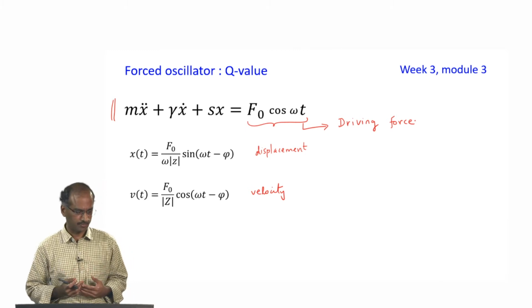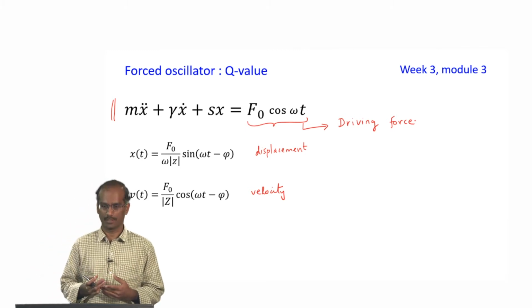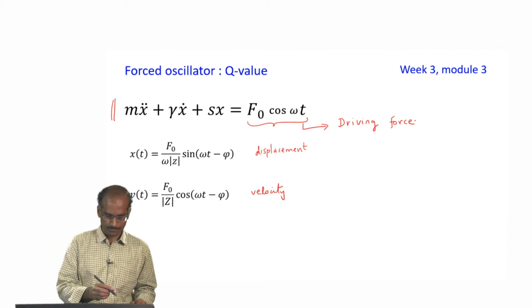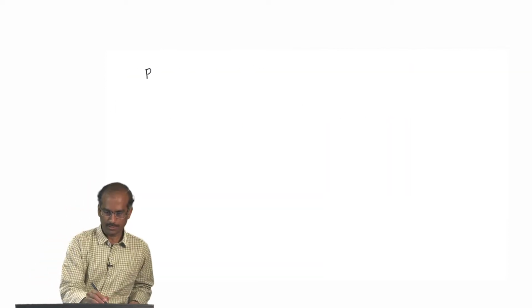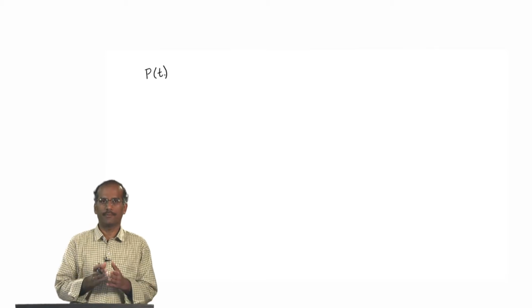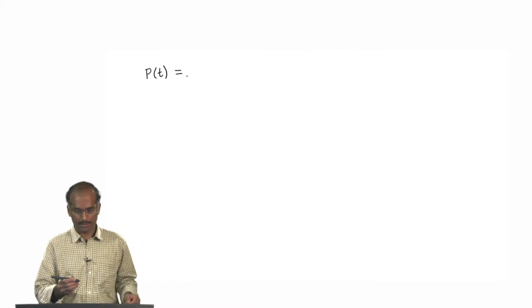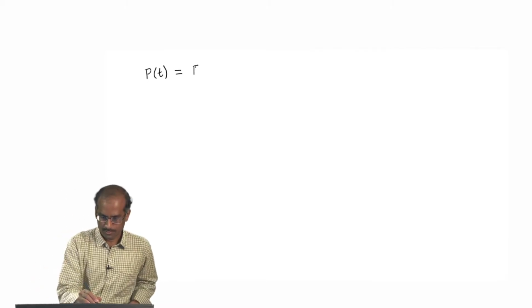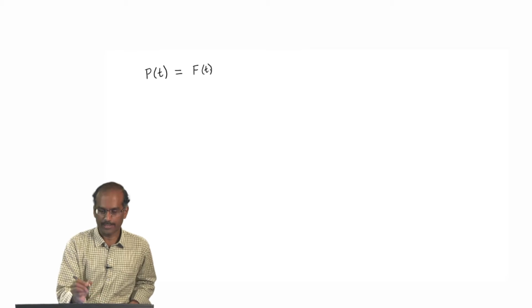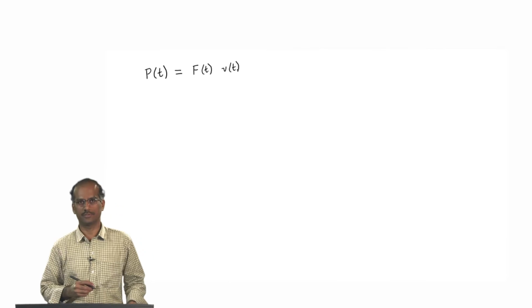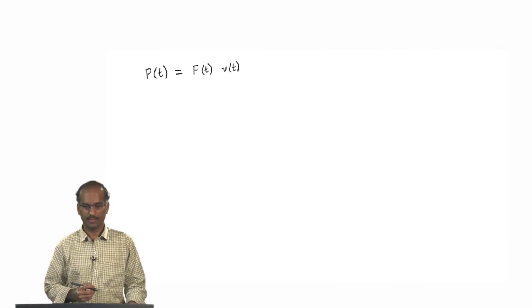That is the quantity that we will first compute, and then we will look at the Q value. The instantaneous power at time t would be the force multiplied by the velocity. So, force imparted at time t and the velocity of the system at time t.